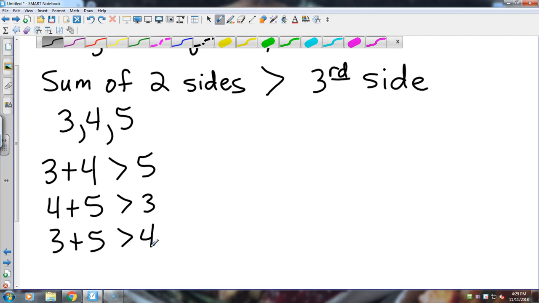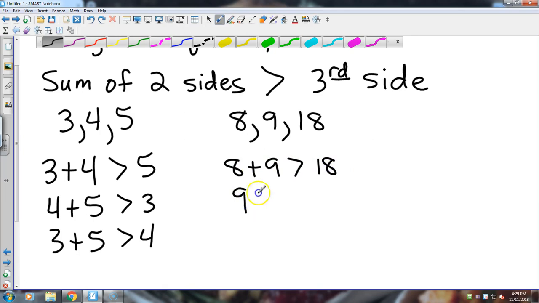Okay, so they may give you different side lengths of a triangle. And let's say, I think one of the ones they give is 8, 9, and 18. And so we would do the same thing. We would do 8 plus 9 has to be greater than 18. 9 plus 18 has to be greater than 8.